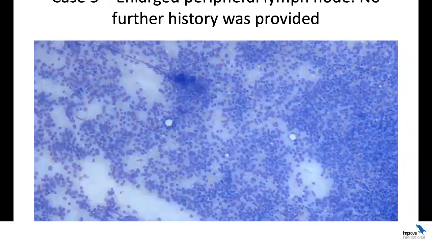So this case was another case where there's uneven distribution of the well-preserved cells. And this is really common in lymph nodes, because we often get a really high cellular sample from lymph nodes, but they're often hard to make smears that are of good quality, because they're either too dense or the cells get ruptured too thick.